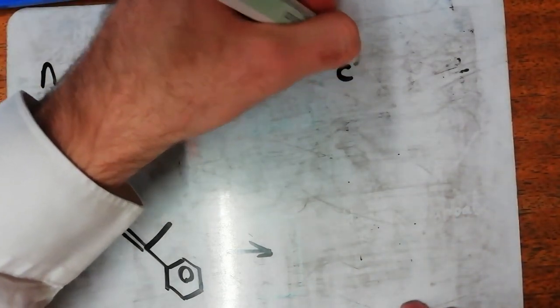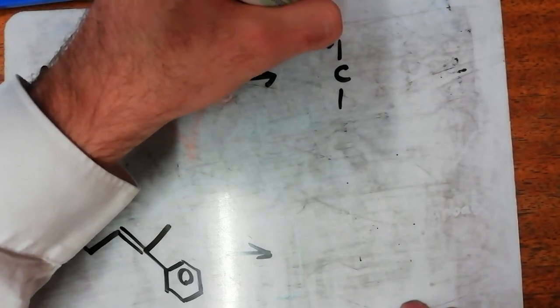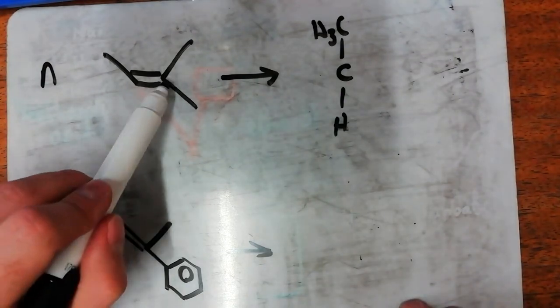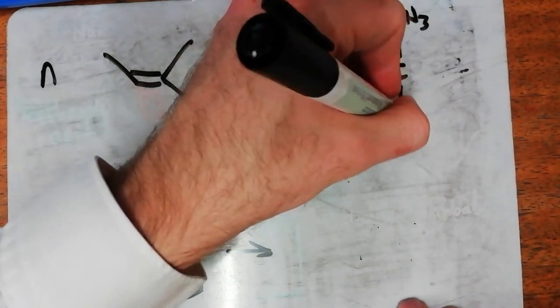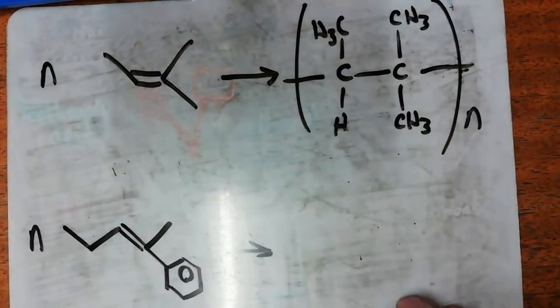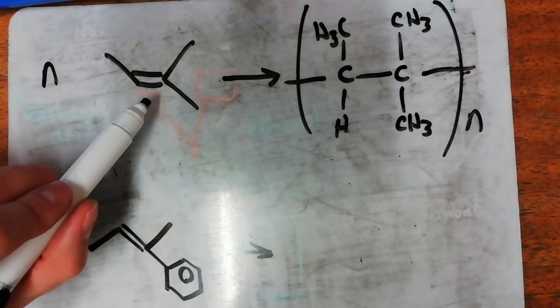So in your polymer, you're going to have your CH3 group up there and a hydrogen. Over here I've got 2 methyl groups. Single bond between them, big bonds either side, your brackets, and an n. That is the polymer version of this.